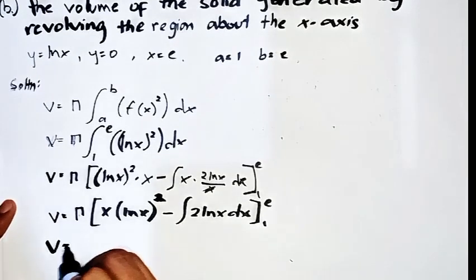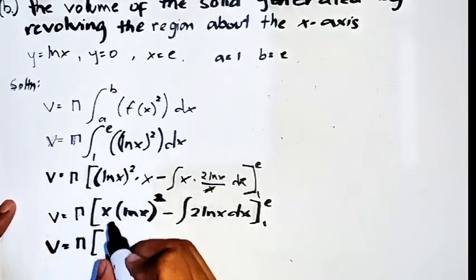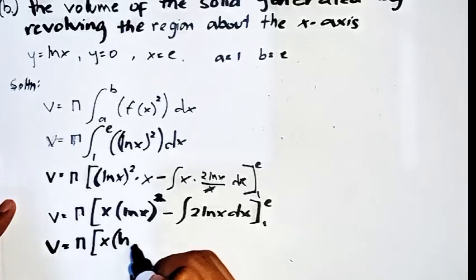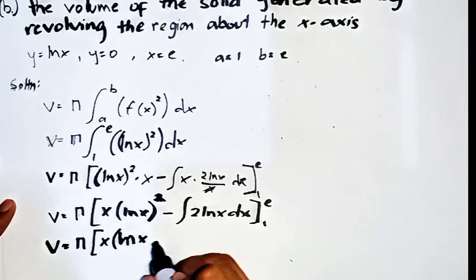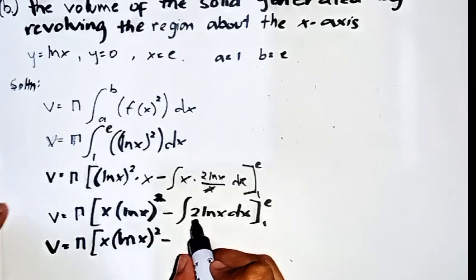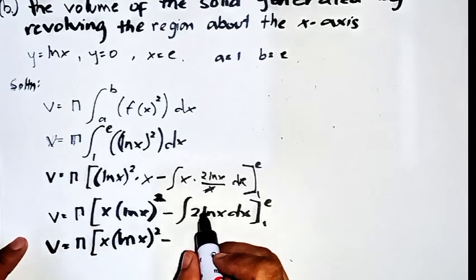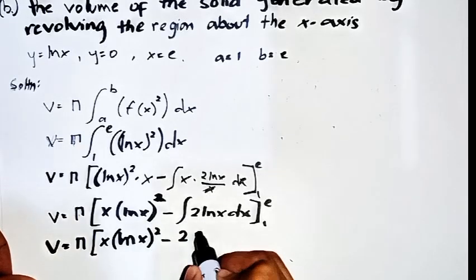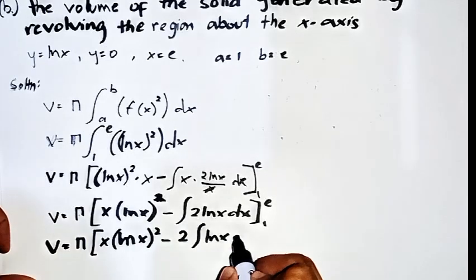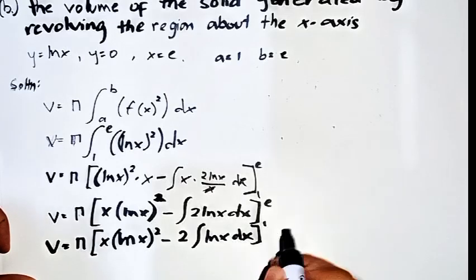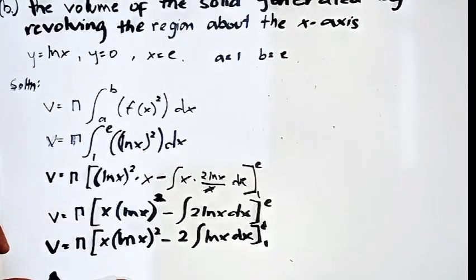V is equal to, copy again the pi, also copy x ln x squared minus, since we have a constant 2, we will put it outside the integral. So 2 times the integral of ln x dx, from 1 to e. Now, let's proceed.